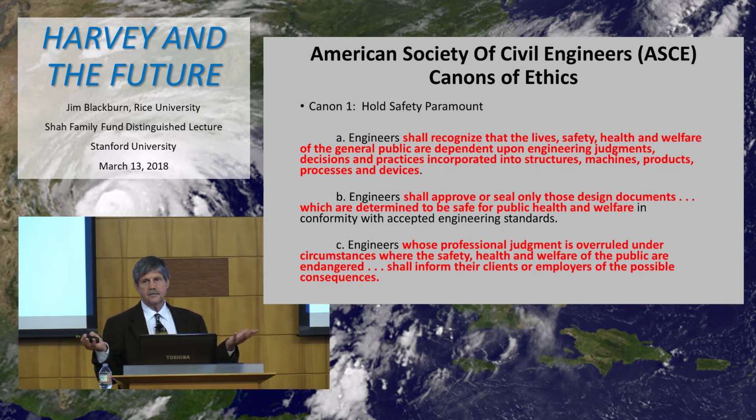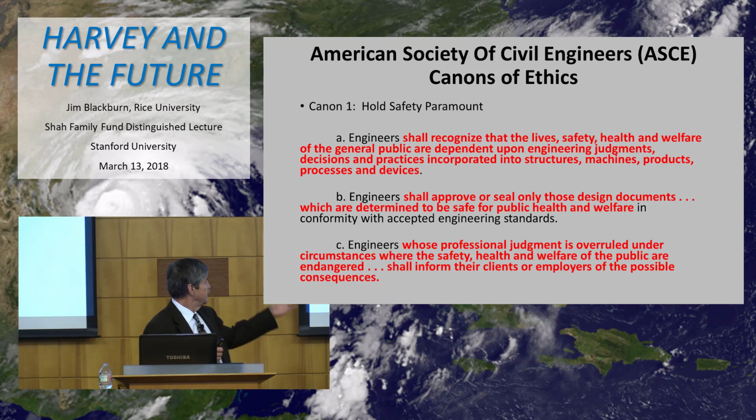Well, arguably, someone decided the 100-year 1% level was safe, but that map's worthless. Seal that document or not. Engineers, oh, and by the way, in conformity with accepted engineering standards. That might be the loophole that kind of provides a little relief there. Engineers whose professional judgment is overruled under circumstances where the safety, health, and welfare of the public are endangered shall inform their clients or employers of the possible consequences.